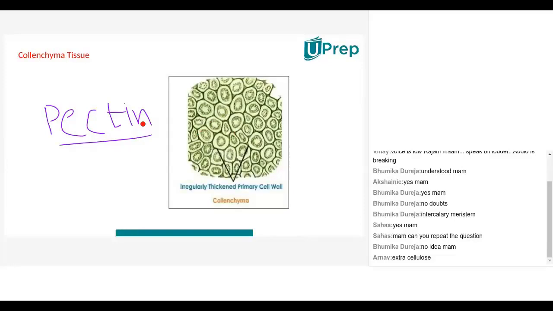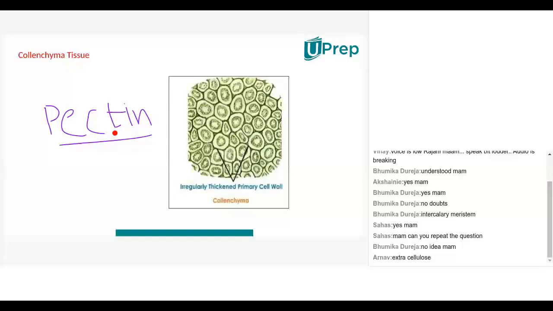But once the pectin gets dissolved at the walls of the collenchyma tissue, the fruit gets ripened and it gives a soft texture to the fruit. So in that way, pectin increases the softness of fruits or flowers.